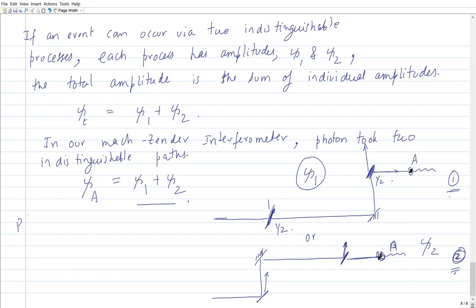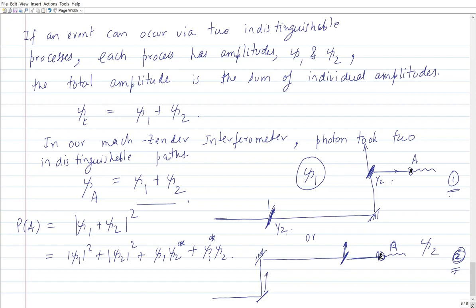And the probability now of A is simply given by the absolute square of this, which is nothing but |psi 1 plus psi 2| squared, which is |psi 1| squared plus |psi 2| squared plus psi 1 psi 2 complex conjugate plus this term.